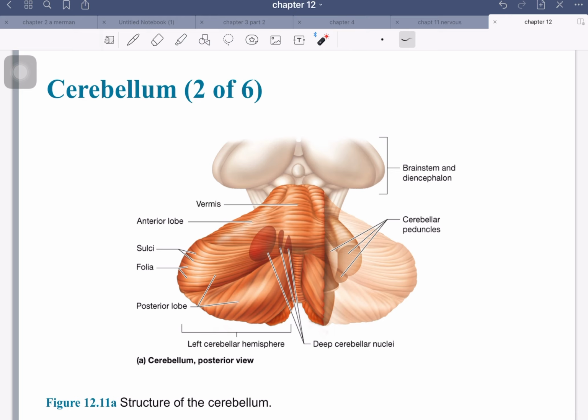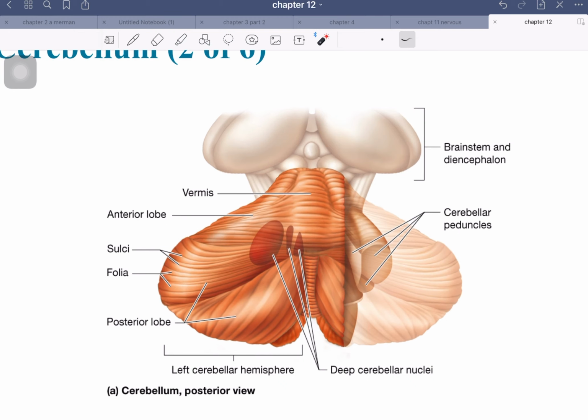You can see these folia, these folds with sulci in between. We have an anterior lobe and posterior lobes of the cerebellum. Here's one side of the cerebellum, here's another side, and there's a connection here, which is the vermis.